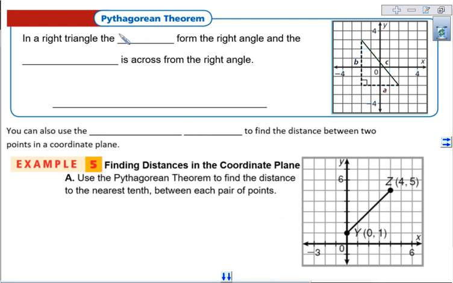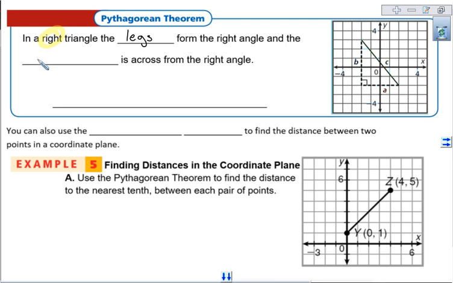Next up, we are looking at Pythagorean theorem. Pythagorean theorem works with right triangles. And your two legs form your right angle. So in this picture here, A and B are our legs.